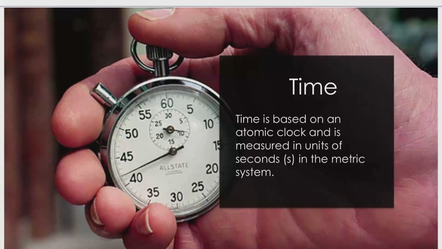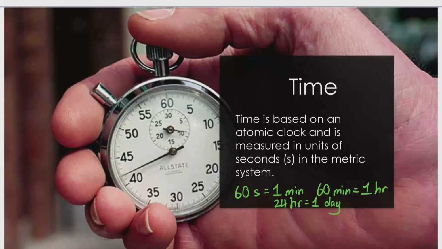And you should know 60 seconds equals 1 minute. 60 minutes equals 1 hour. 24 hours in a calendar day. That's stuff that you've probably been using your whole life. Expect that to show up when talking about time.